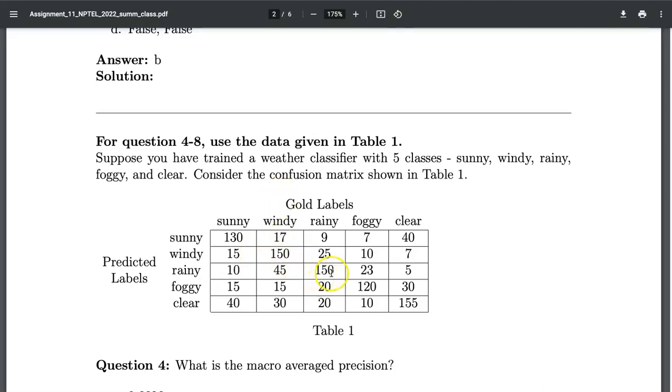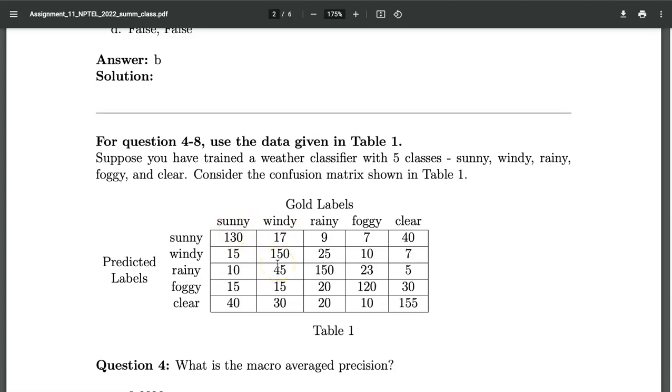Similarly, the third element in the diagonal is 150: the number of times the prediction is rainy and the goal label is also rainy, and so on. So the diagonals give you the count of the number of times your prediction matches the goal labels.